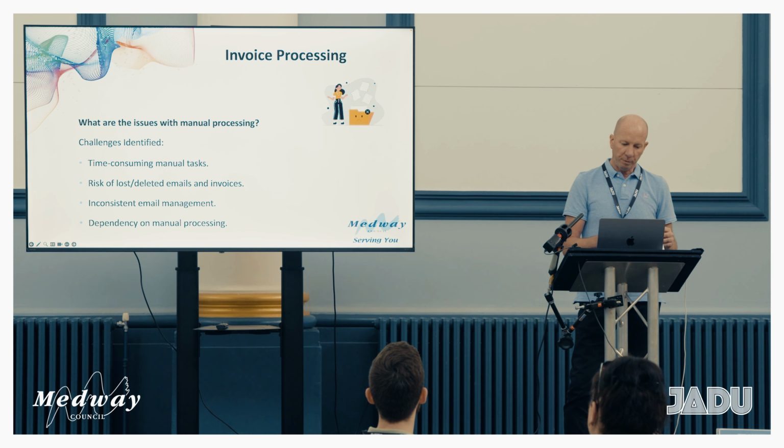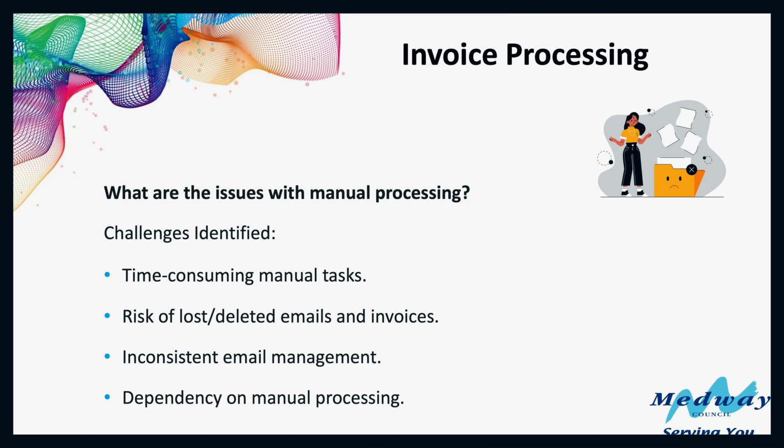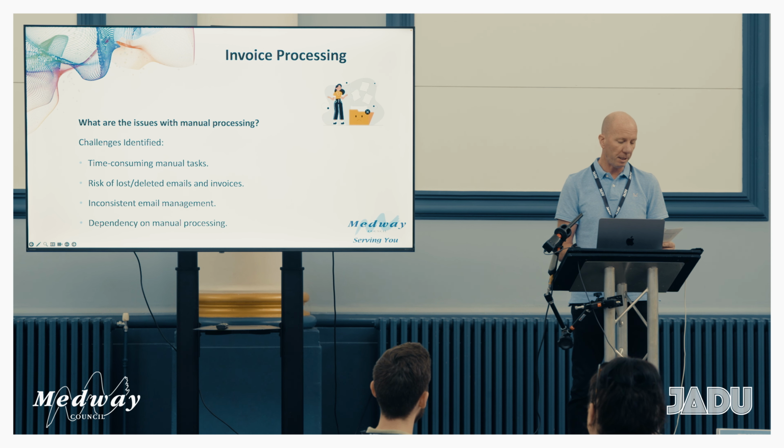So the issues, like we've just described, all on the bullet points, is due to working from that Outlook mailbox. So we've got lots of service areas, lots of admin tasks, lots of admin people, and not just with invoices, but around the council. Their time's taken up by doing this lengthy process, where they're trying to go through the mailbox. There are multiple people in the mailbox, and this is what we've experienced, is that they try to colour code mail, they assign it to someone else, then it can get lost, it can get deleted.